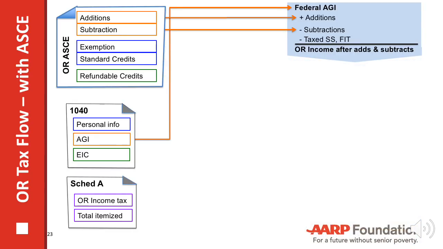Just as on the simple return, we'll start with federal AGI. The work we've done on additions and subtractions will automatically show up on the schedule ORASC and automatically flow from there to the main return. So we'll still have Oregon income after additions and subtractions. That's effectively a state AGI.